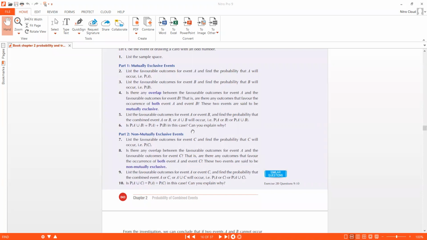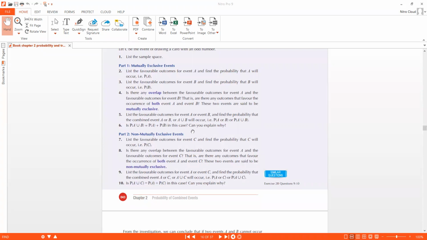Okay, fine. Now look at the sample space which I made for additions or even multiplications. Are you looking at it? Yes, I'm looking at the sheet.